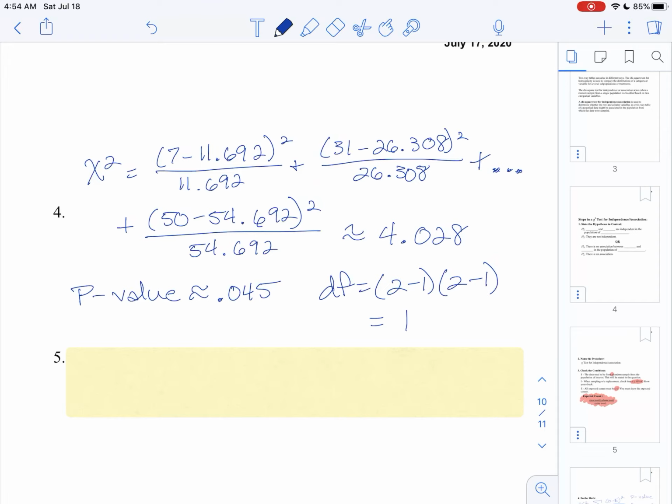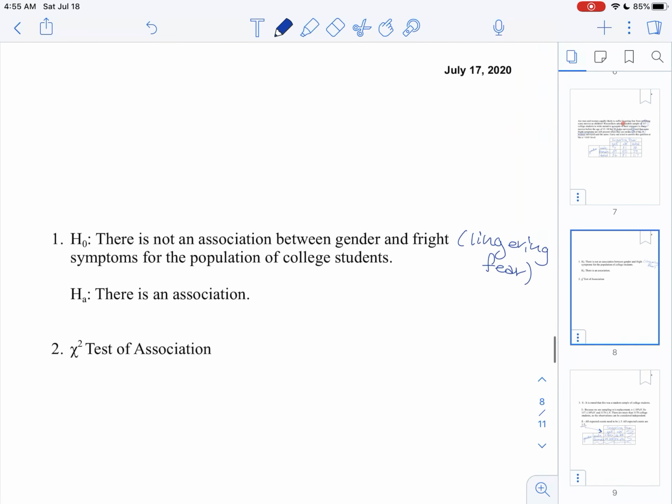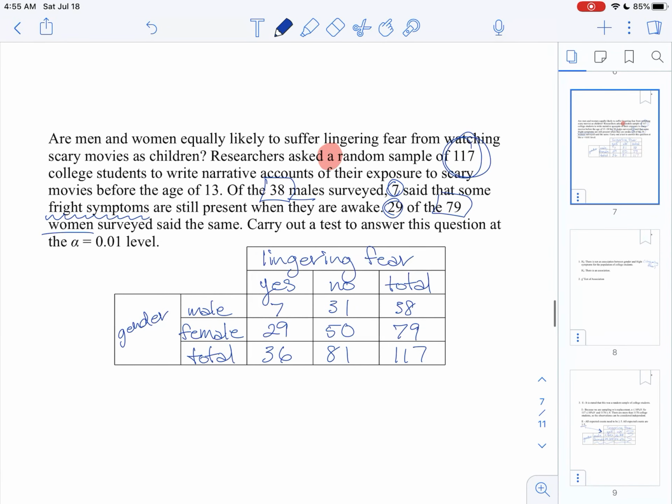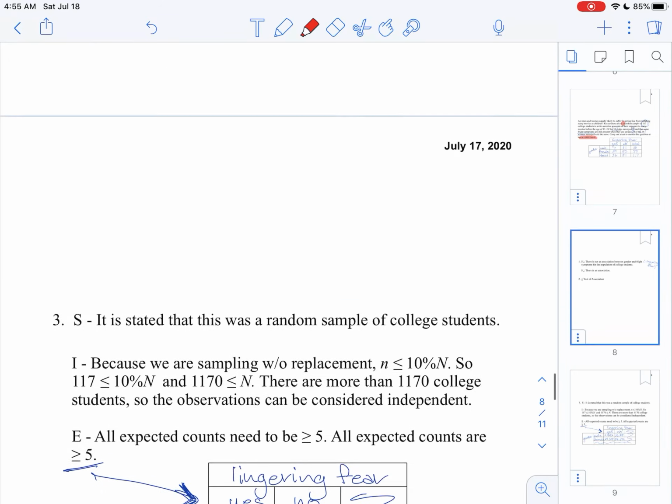Okay, so what would our conclusion be? Now, remember, we had from the question, where did it go? We were asked to carry out the test at the alpha equals 1% level, or the 0.01. So don't forget that when we're writing up our conclusion here.